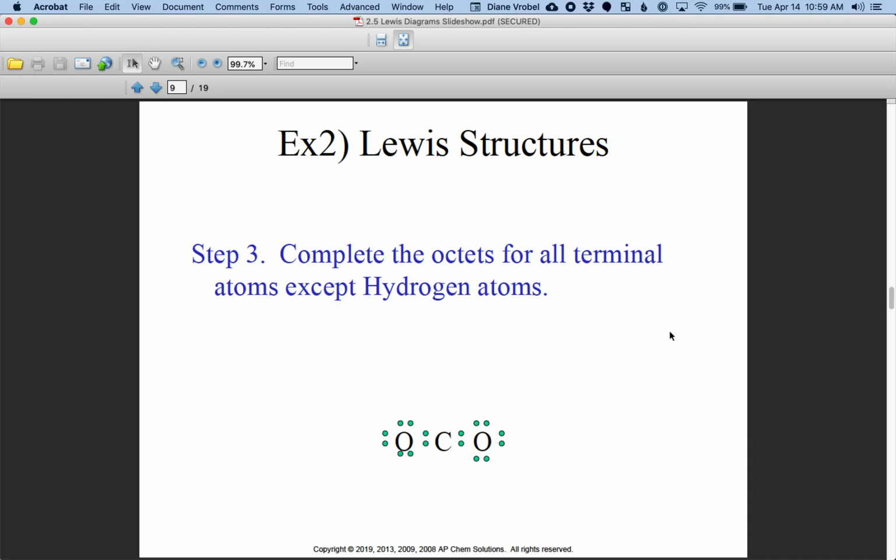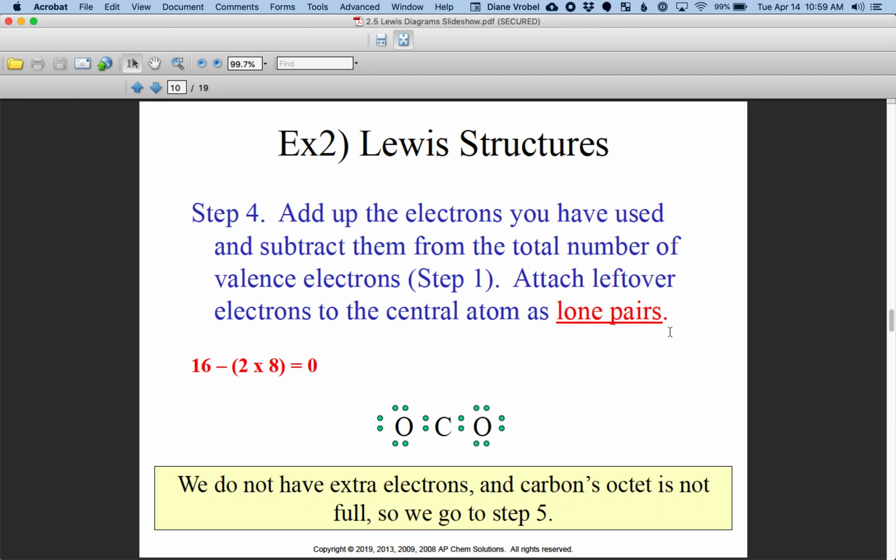Notice that in this situation they've completed the octet for oxygen, but carbon only has 4. So we have to start thinking about multiple bonds. When you look at the molecule, we used up all the electrons, but we need to figure out how to complete the octet for carbon.